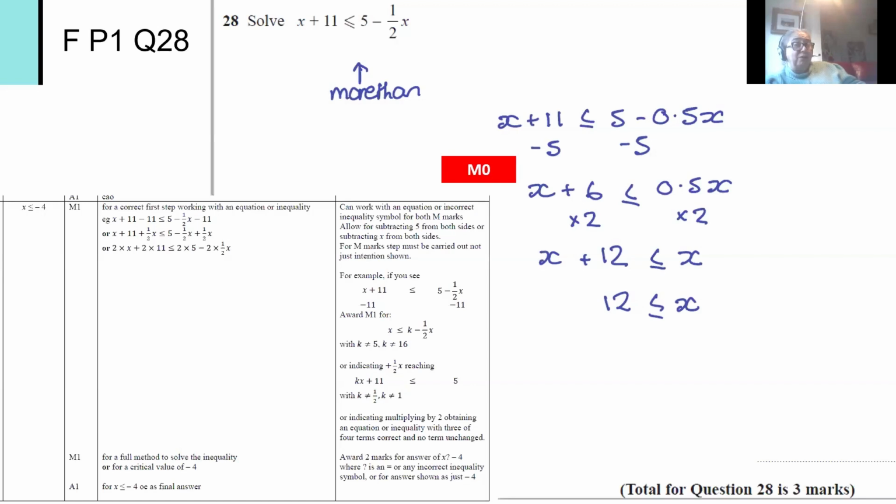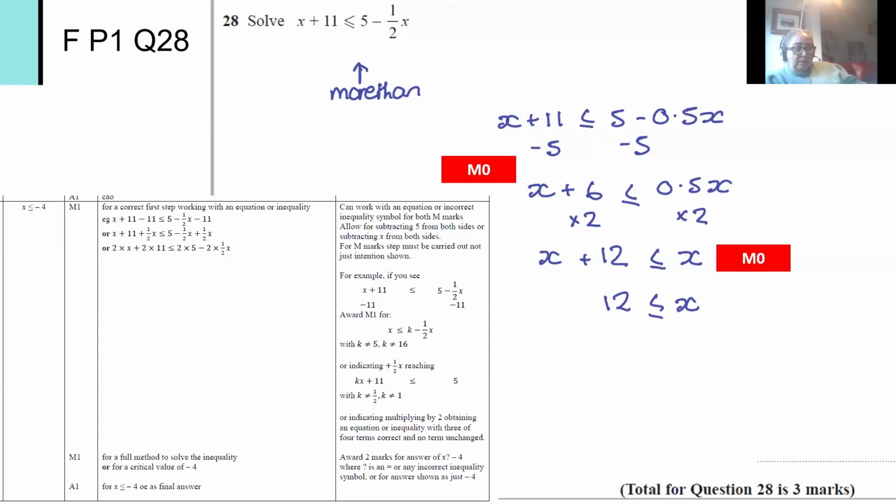So in order to get that first method mark, we need to see it correctly evaluated. So had the second line been minus 0.5x, they could have got that first method mark.